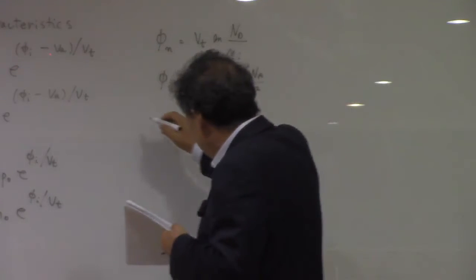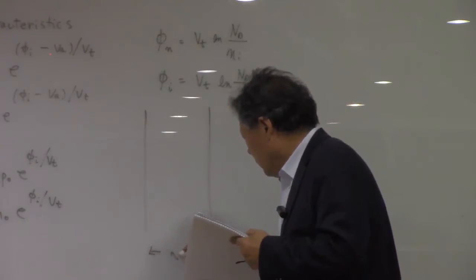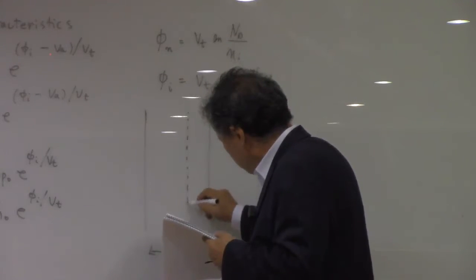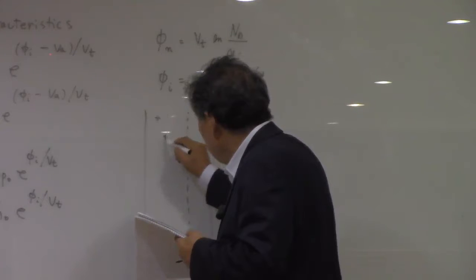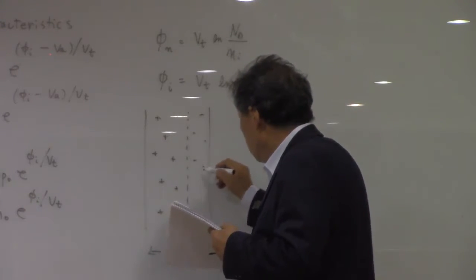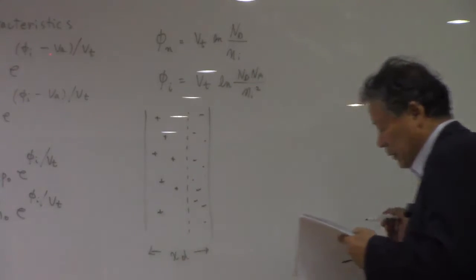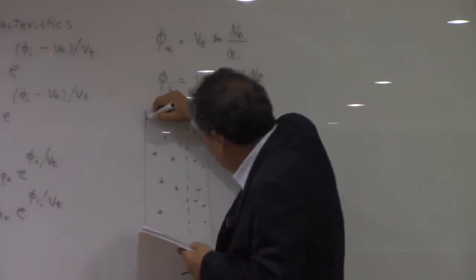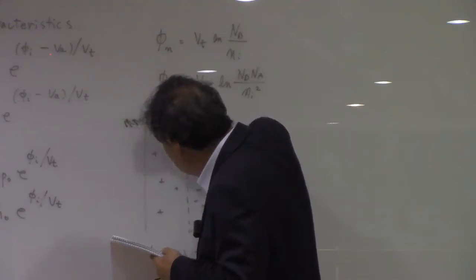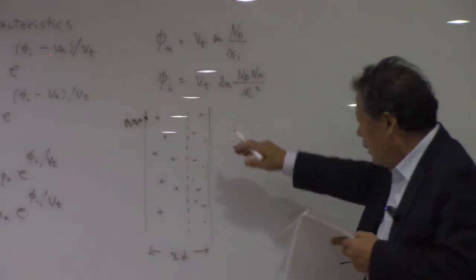Now, if you just think about the electrons across this depletion region, where the actual junction is made, in the depletion region we just have the ions, no free carriers. Let's suppose we have the equilibrium electron concentration in the n side like this.